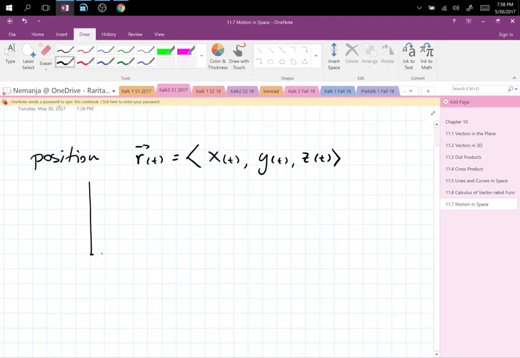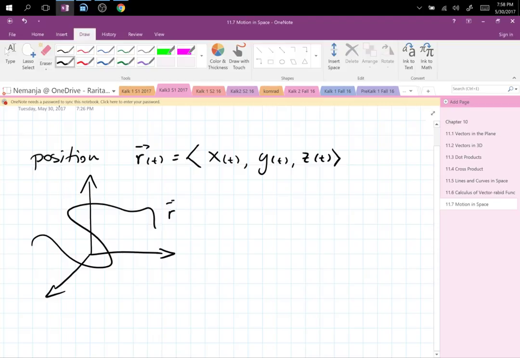So if I put a random curve of some kind and call that r of t, we are going to have a location which is x, y, z, and then we are also going to have a vector r. This location happens at t equals some value, 1 second, 10 seconds, 3 years, depending on what you are tracing, what you're measuring.